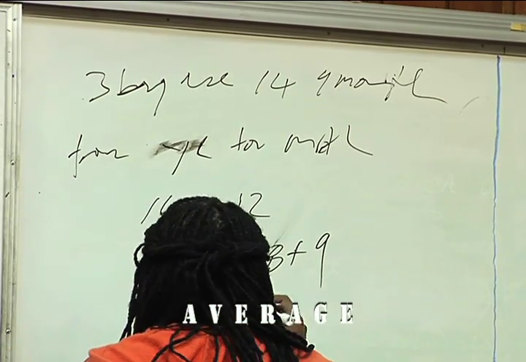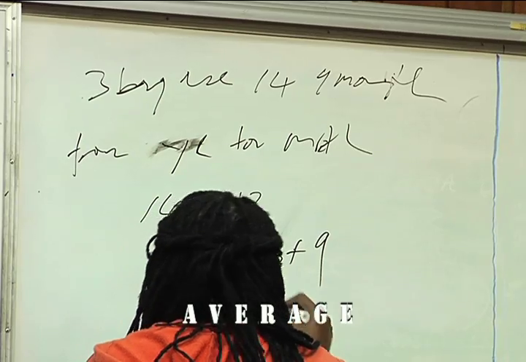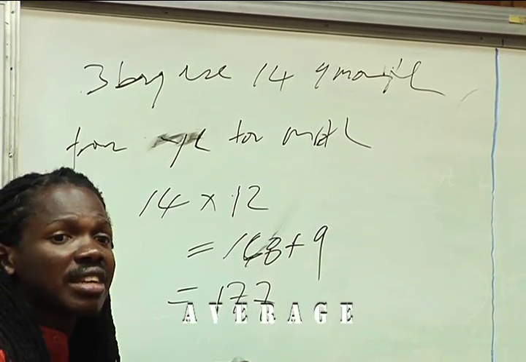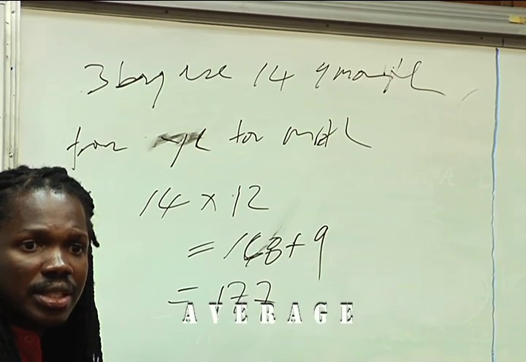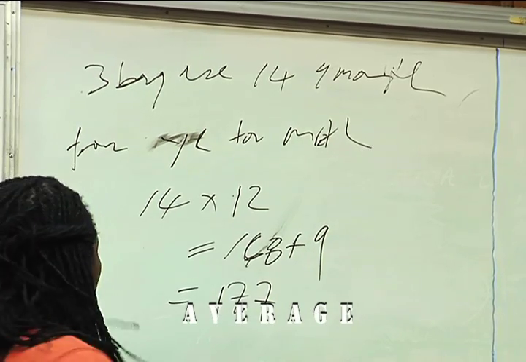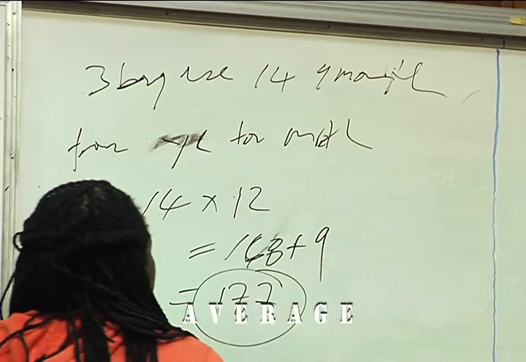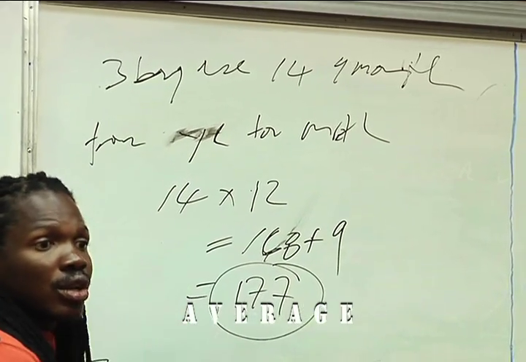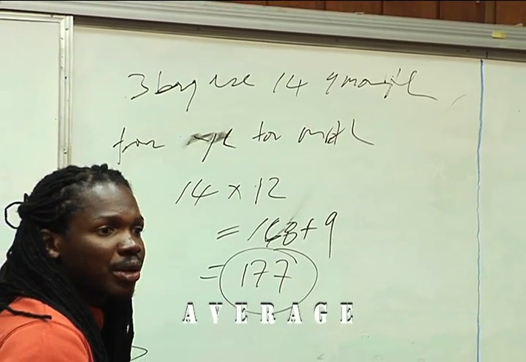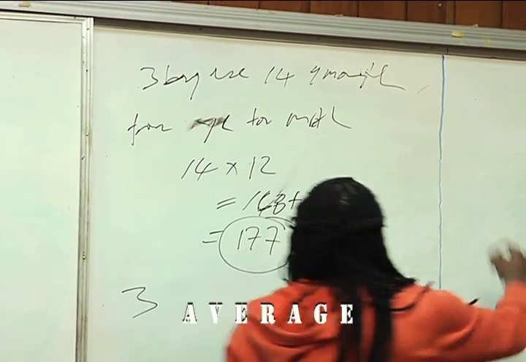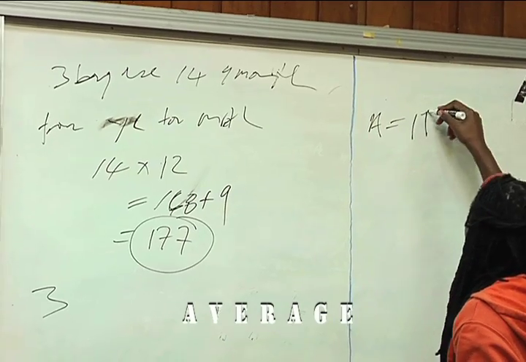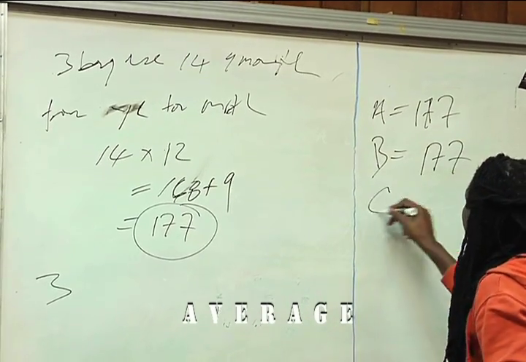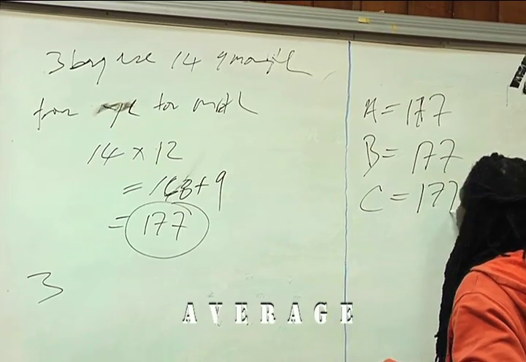So that equals 177. That means each boy is 177 months. You see that? Good. So boy A is 177 months, boy B is 177 months, and boy C is 177 months.